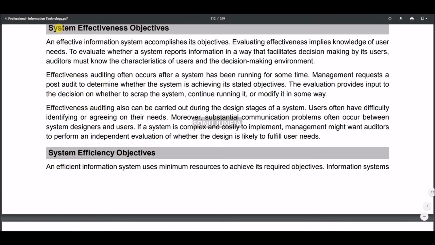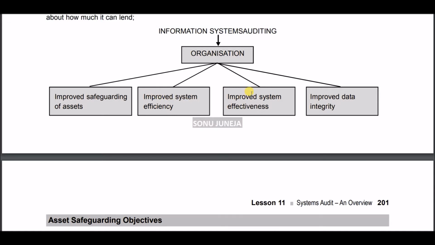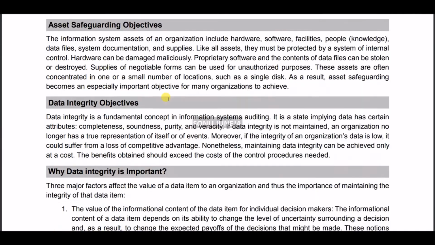Now going further, we have the system effectiveness objectives. By the end of the day, we have the safeguard of assets, improved information efficiency, improved system effectiveness. Then we will go through the integrity.